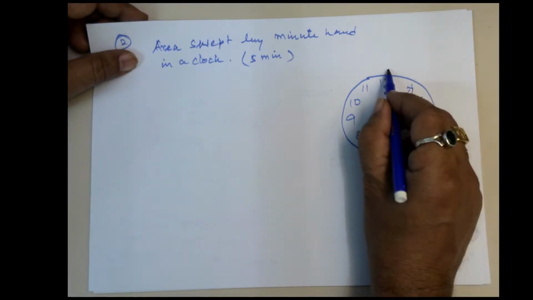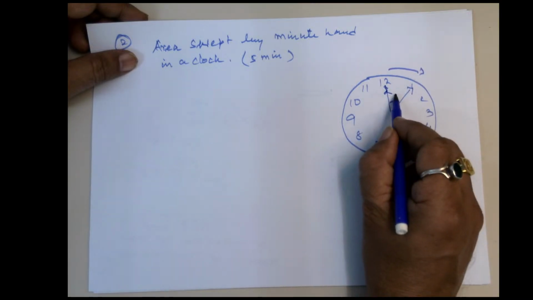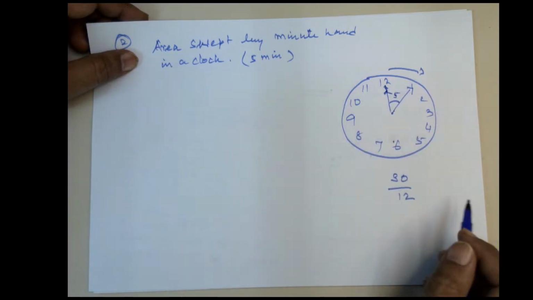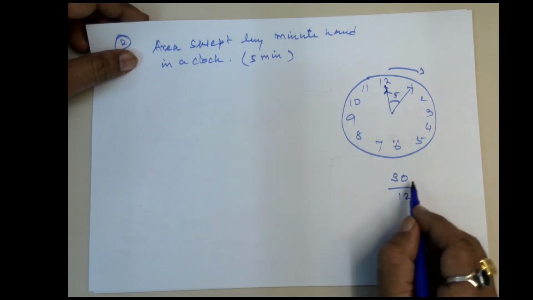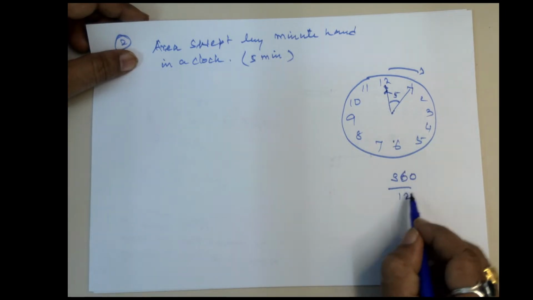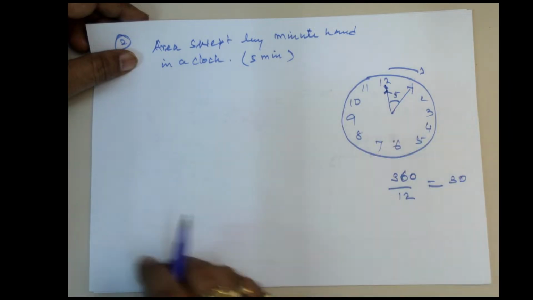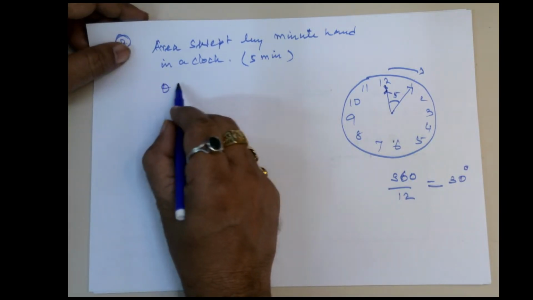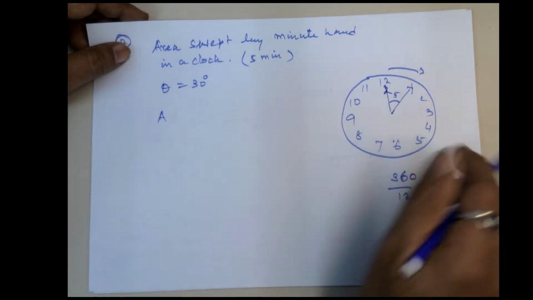So 5 minutes sweep should be converted into degrees. We already know 360 degrees divided by 12 is nothing but 30 degrees for each 5 minutes, is it not? So you can definitely say theta is equal to 30 degrees in this case.